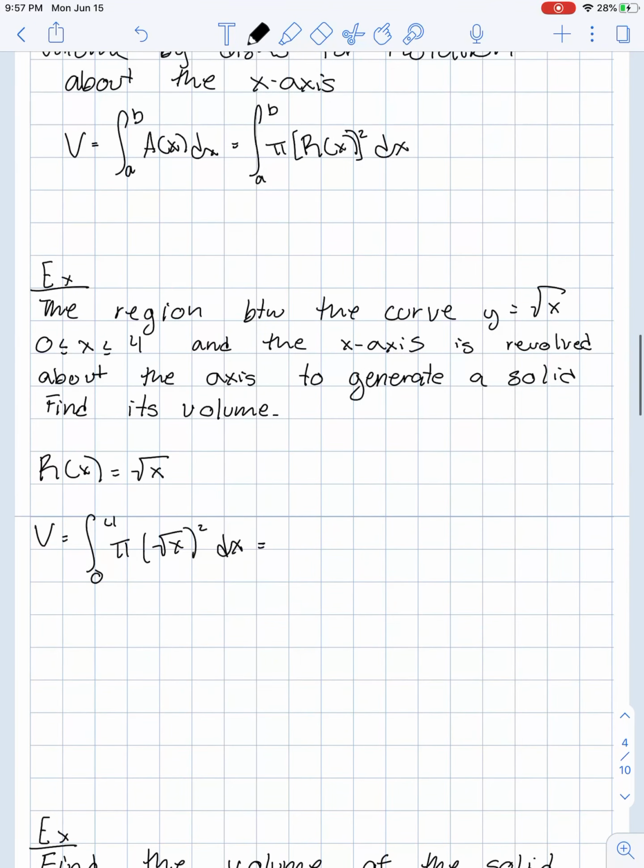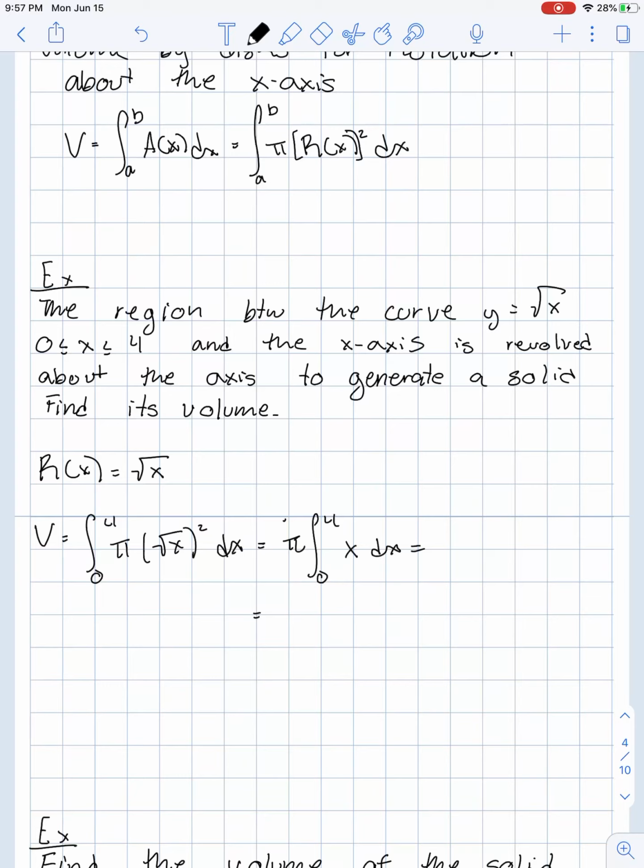All right, and then I'm going to pull this pi out because it's just a constant. It's just a number. And I get square root of x squared, that's just x, dx. Technically it's the absolute value of x, but we're not getting into that because all of our x values are already positive.